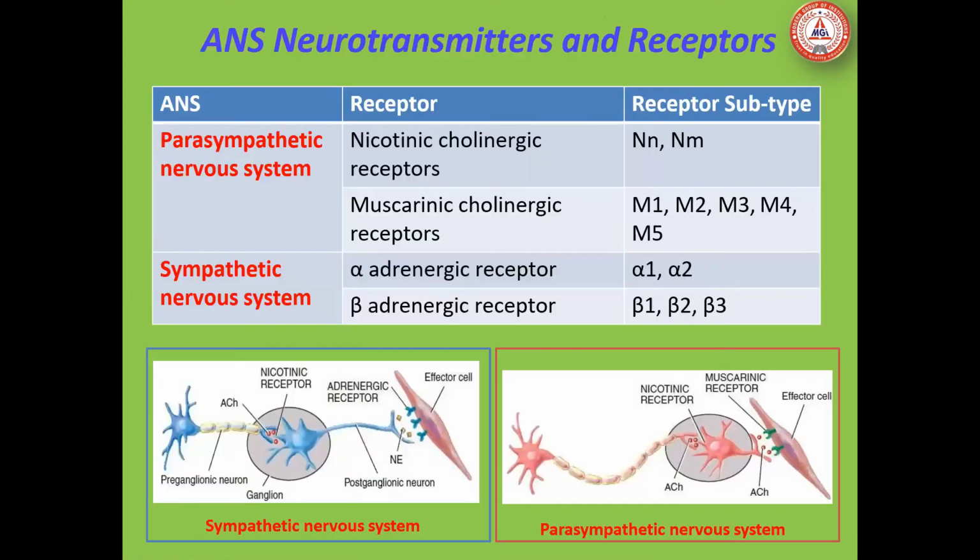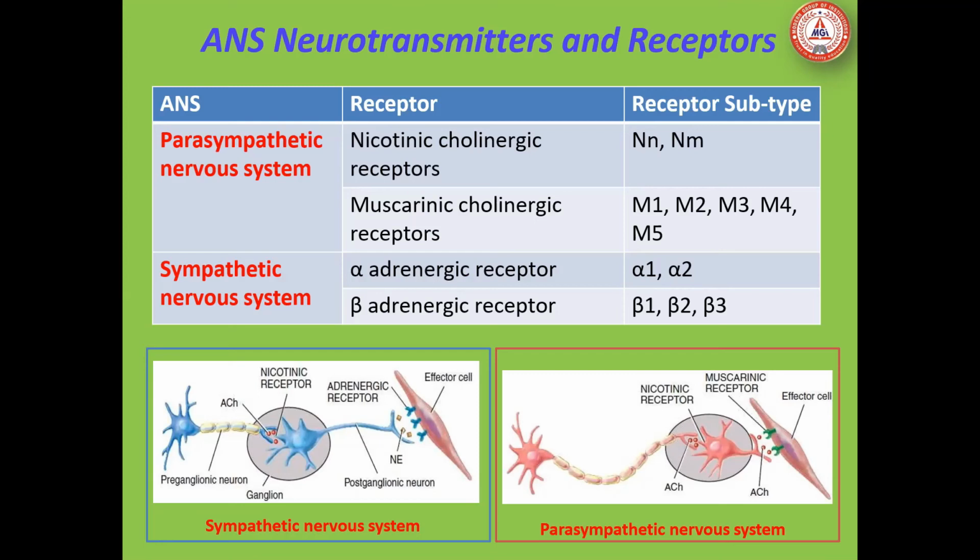Now, what are autonomic receptors? In the autonomic nervous system, as we know, the parasympathetic and sympathetic nervous systems are involved. The receptors of the parasympathetic nervous system are of two types: nicotinic receptor and muscarinic receptor. The nicotinic receptor is further classified into NN and NM, and the muscarinic receptor into M1, M2, M3, M4, and M5.